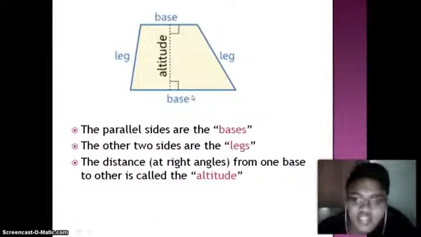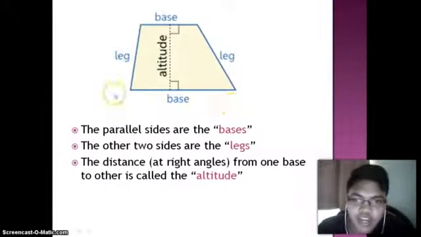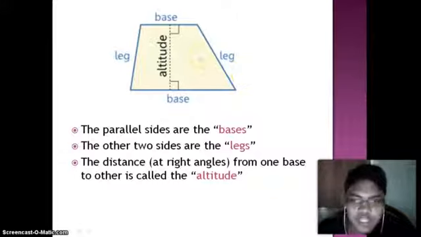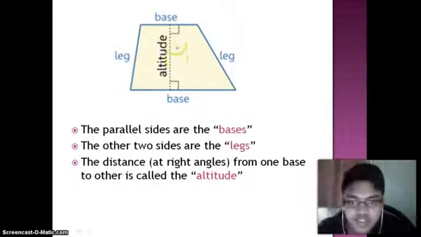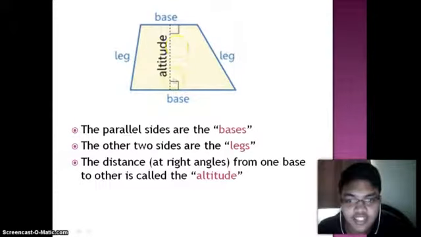Alright, next, the parallel sides are the bases. As you can see, these both are the bases of the trapezoid and the other two are the legs of the trapezoid. These sides at the right angle, 90 degrees, are called the altitude.